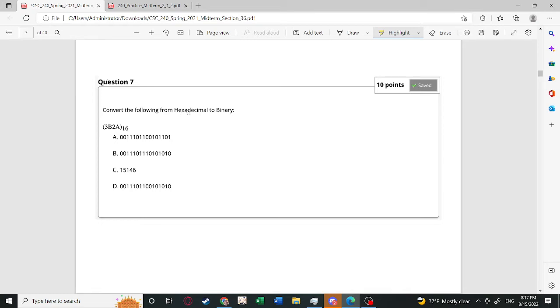So you convert hexadecimal to binary. This first one is 0011. The second one is 1011. The third one is 0010. The fourth one is 1010.